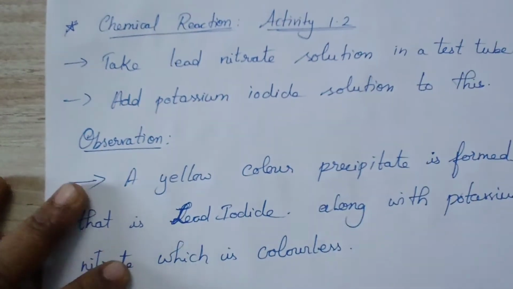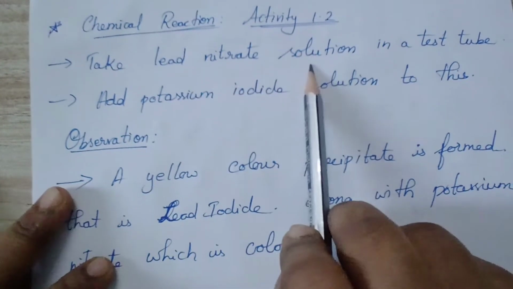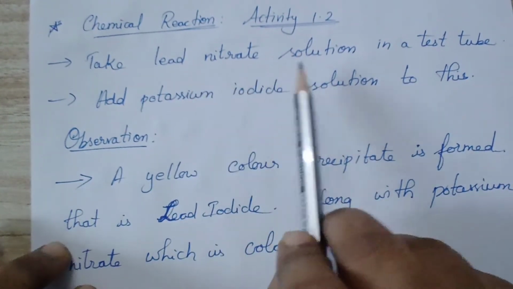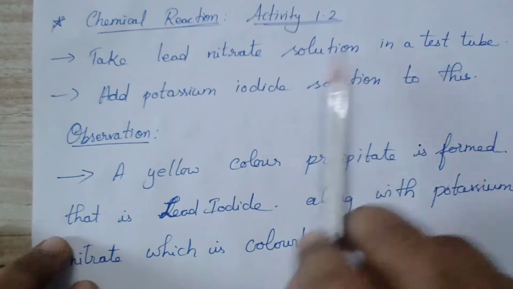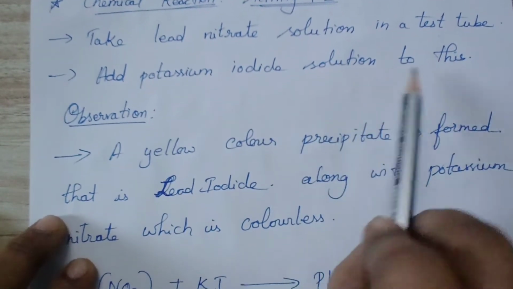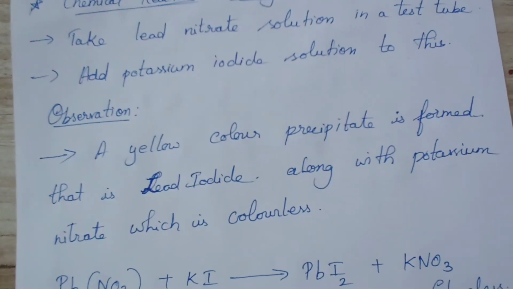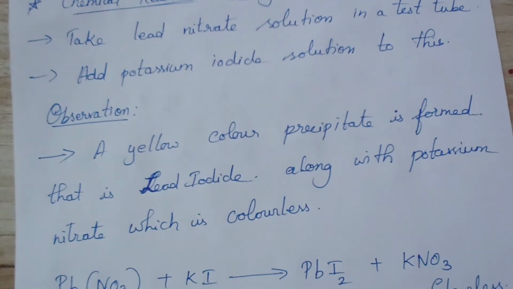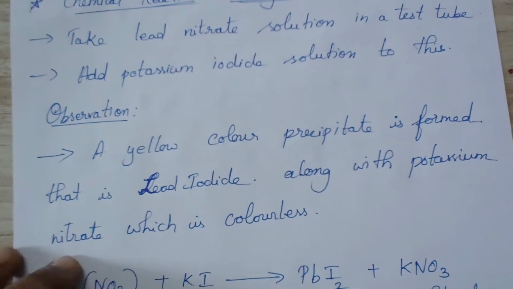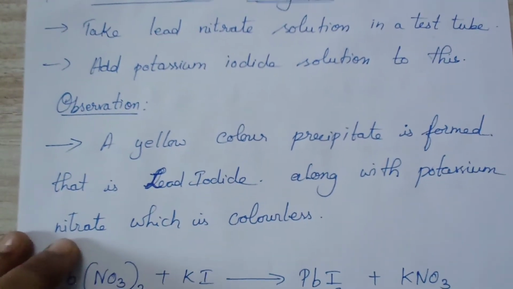Activity 1.2: take a lead nitrate solution in a test tube and add potassium iodide to this solution. What is your observation?